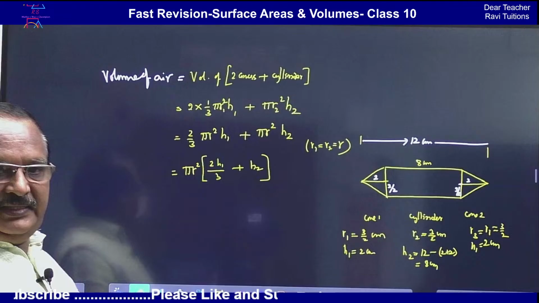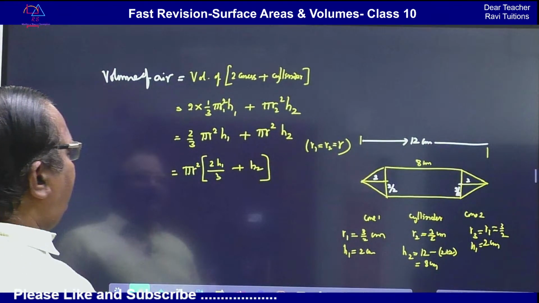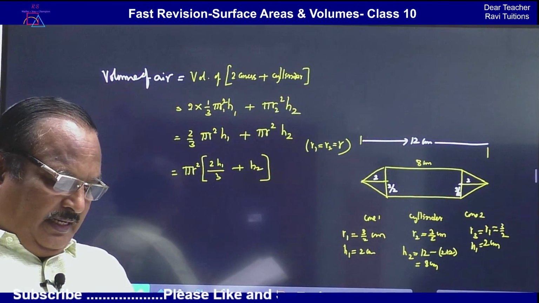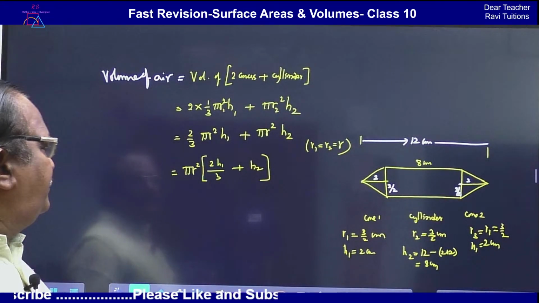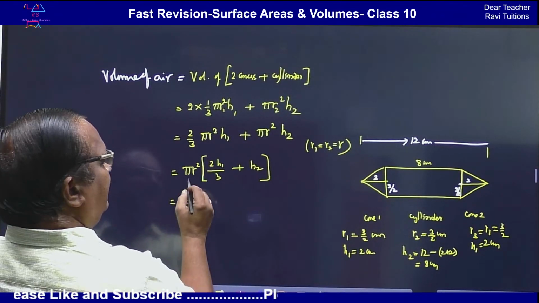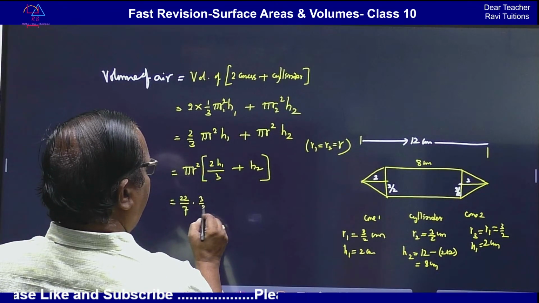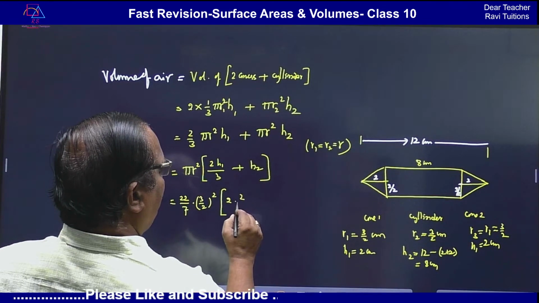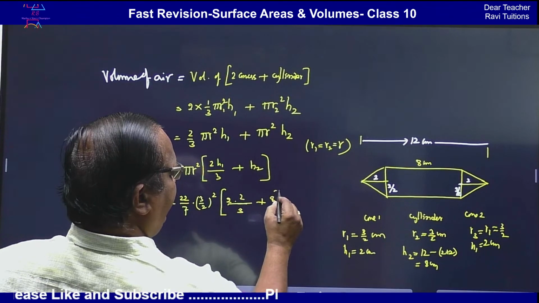and h2. That's done. Now we have to substitute the values. Pi is nothing he has given, so pi is equal to 22 by 7 you have to use. So now 22 by 7 into r, which is 3 by 2 whole square, 2 h1 is 2 by 3, h2 is 8.